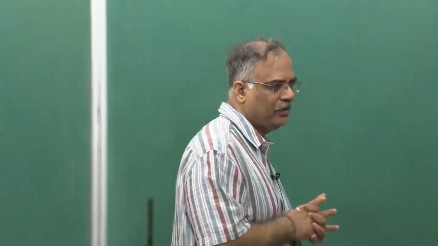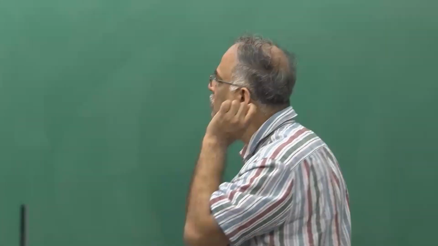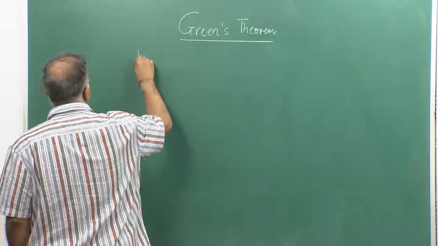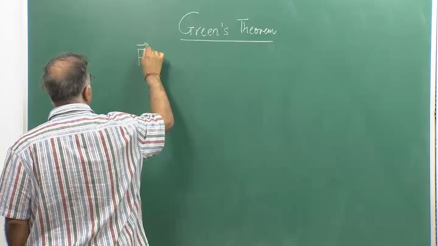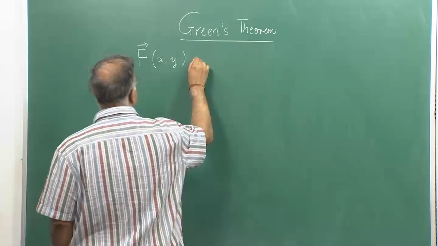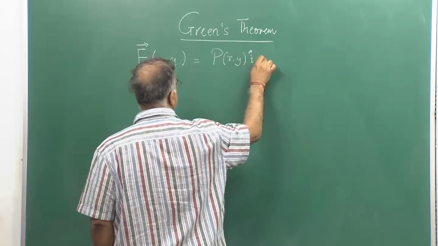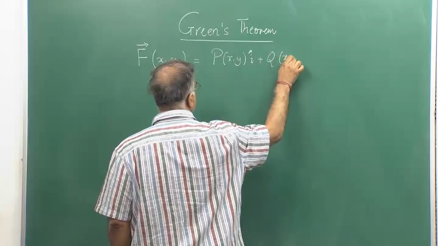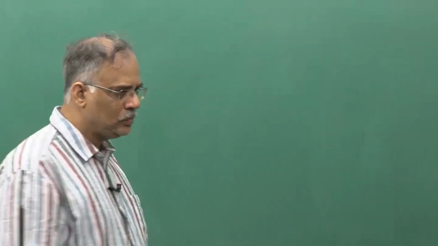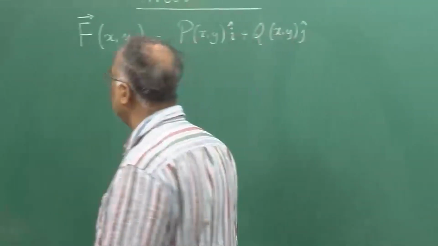And suppose I consider a vector function from R2 to R2 given as... then, given a... so here the line integral is a special form of a line integral.